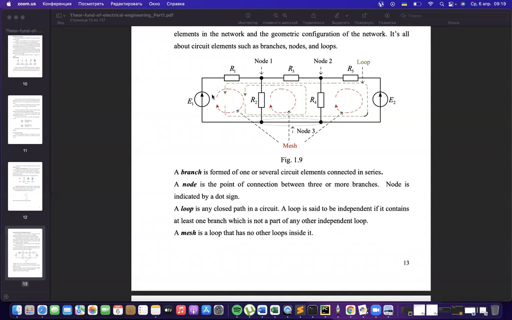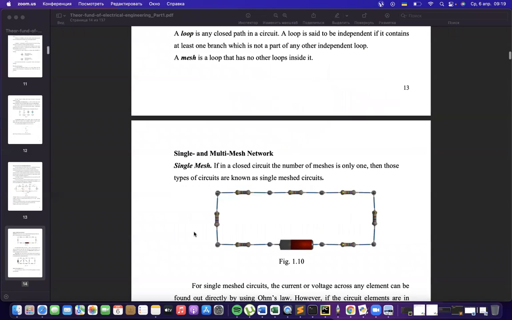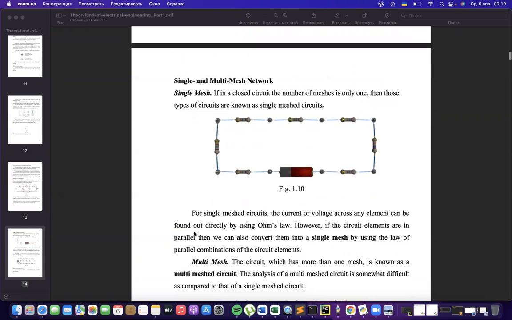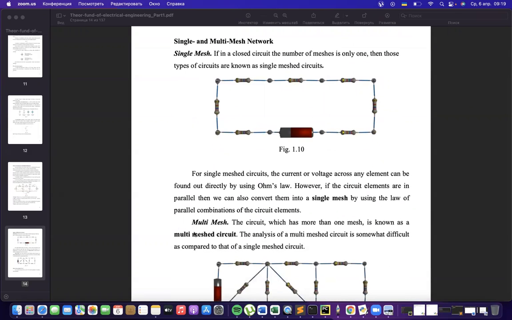Mostly we are speaking about mesh, the smallest path, the smallest loop between branches which are connected in a circle. These are the main topological elements we use for describing the situation. Then, depending on how many meshes we have, we use a different mathematical approach.